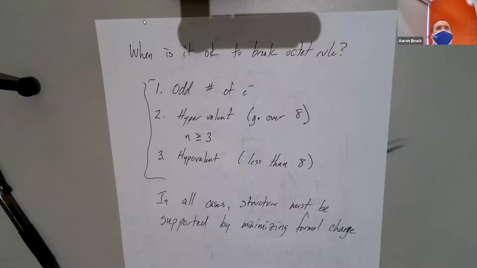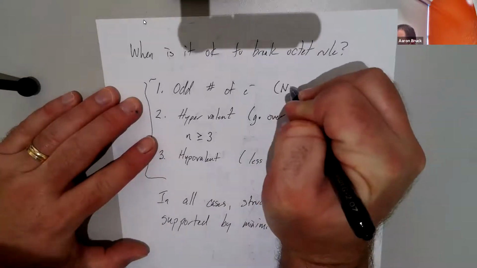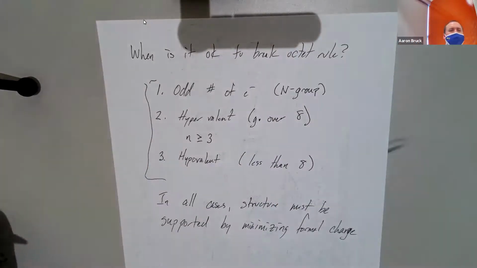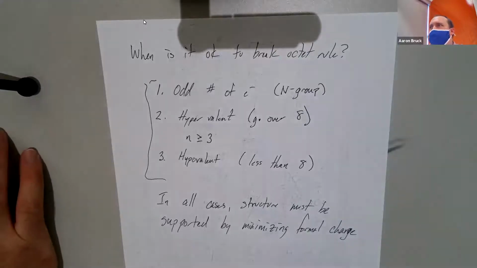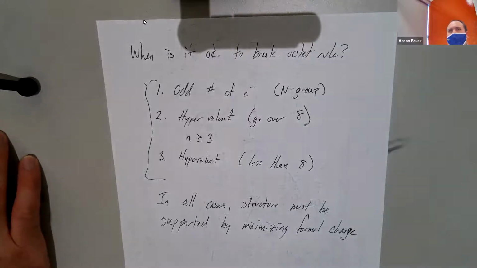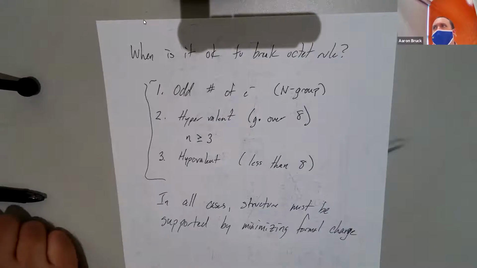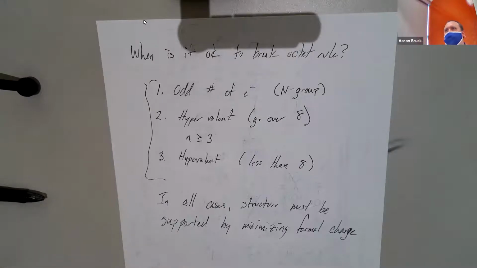So for example, if I have an odd number of electrons, classic examples of this are nitrogen group substances, things like nitrogen monoxide, nitrogen dioxide. In those cases, I'm going to end up with an odd number of electrons. Nitrogen monoxide, for example, 5 electrons from nitrogen, 6 from oxygen, 11 in total.